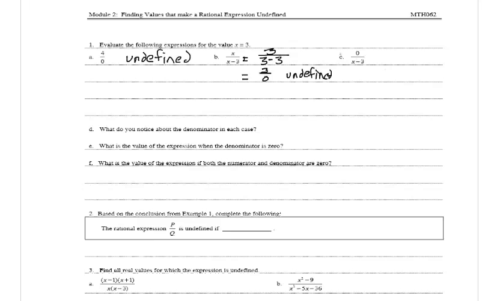And in C, we have 0 divided by 3 minus 3. So we're going to plug in 3 for our x, which gives us 0 over 0. And 0 over 0 also has 0 in the denominator, so it's undefined as well.